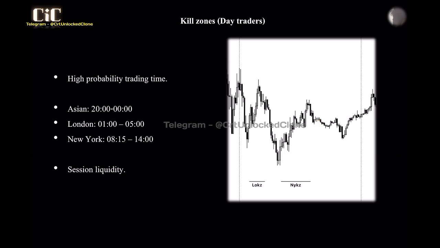So the market makers are using the sessions to generate liquidity, and they're using each session to move the market in a certain way depending on which liquidity it took first.